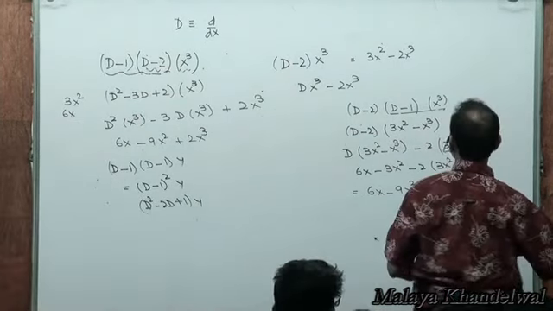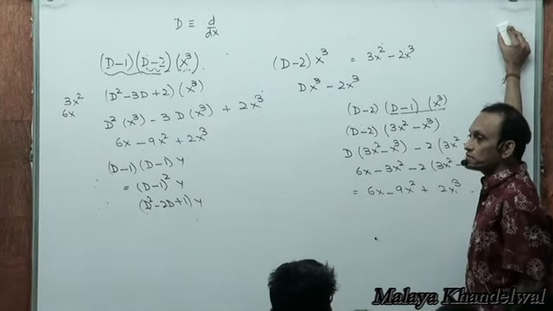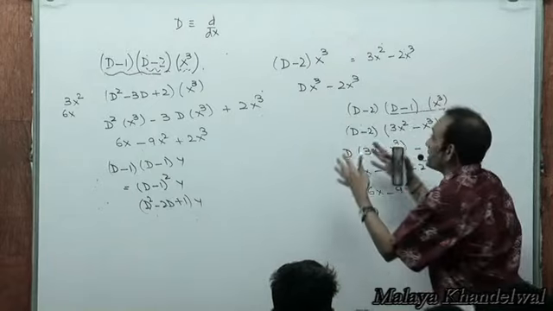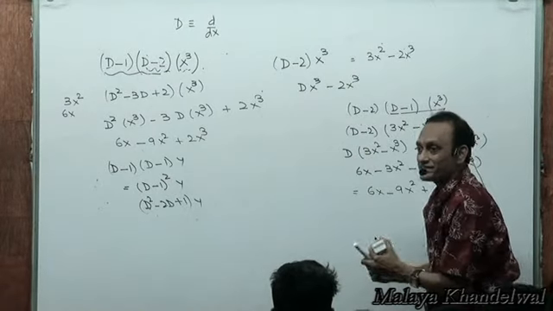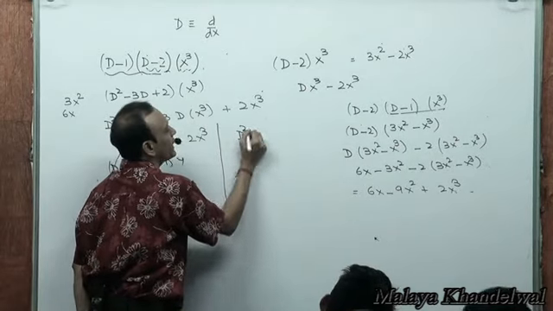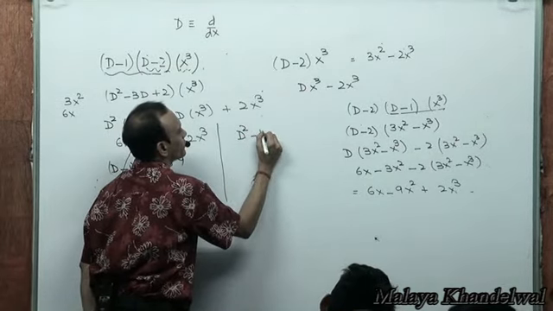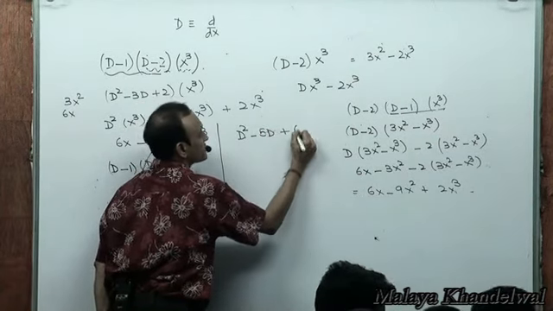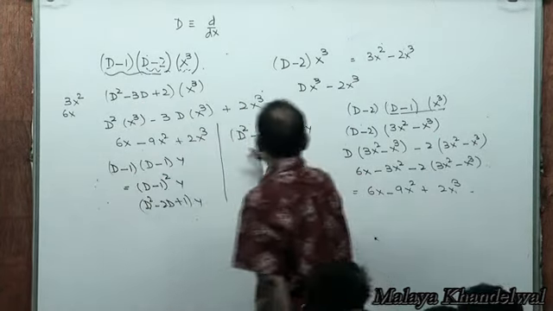Which means now, can I wipe this off? So which means now if I can multiply operators, I can also factorize operators. That means if I had, say, d squared minus 5d plus 6 acting on y, this is an operator.